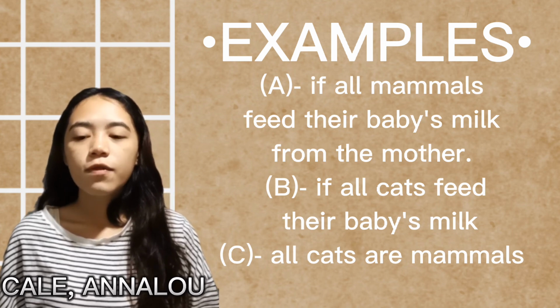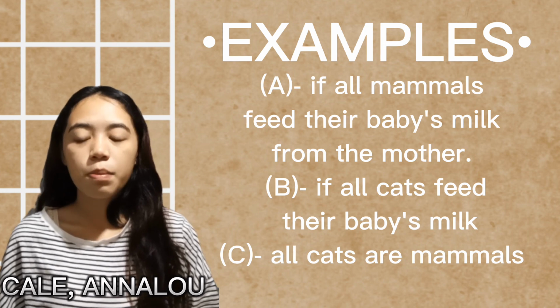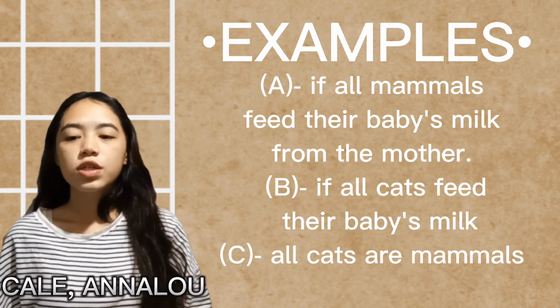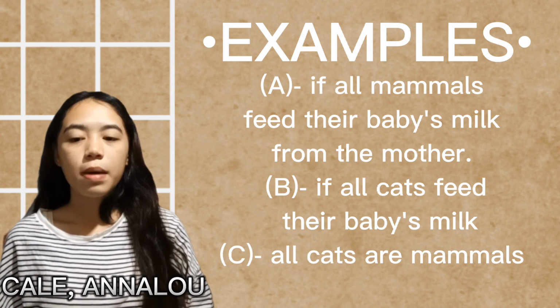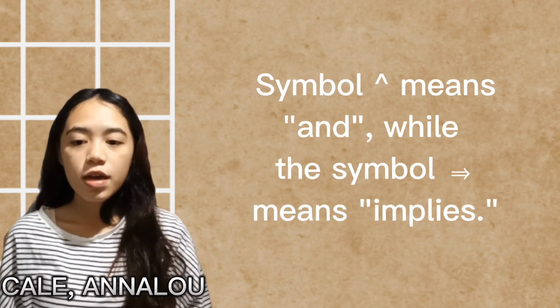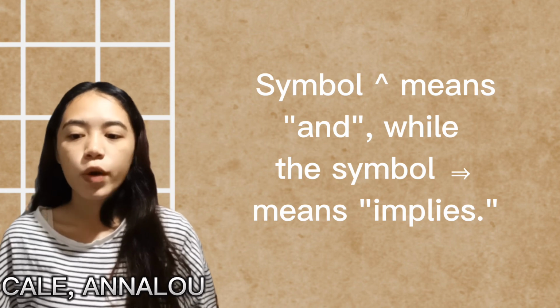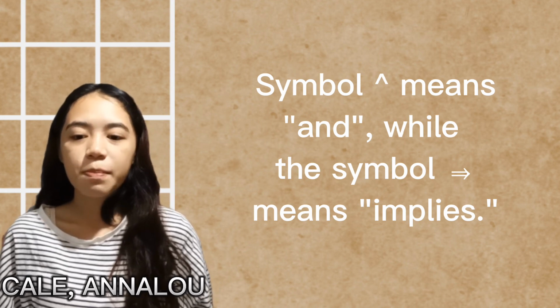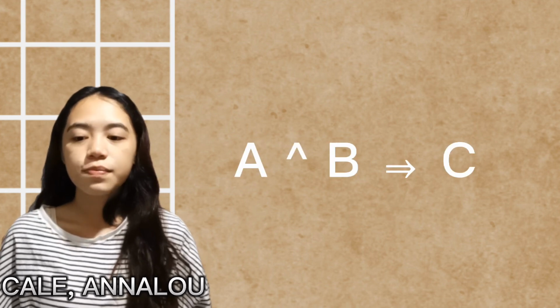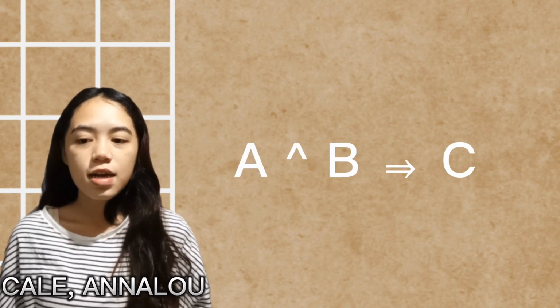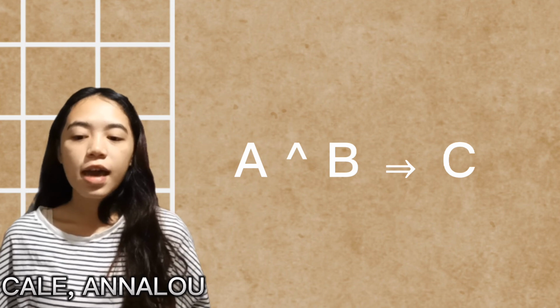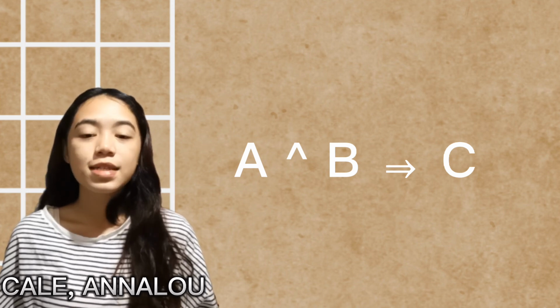Proposition B, all cats feed their babies mother's milk. Proposition C, all cats are mammals. So, the caret symbol means and, while the arrow symbol pointing to the right means implies, so the mathematical conclusion is drawn like this, and read as A and B implies C.